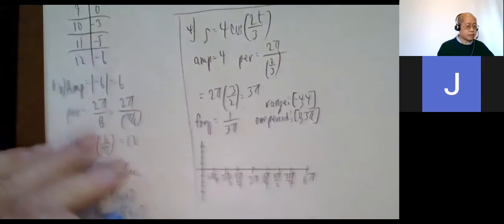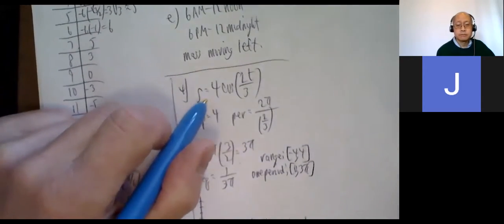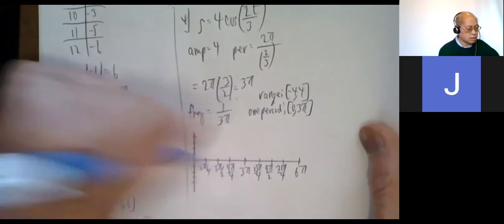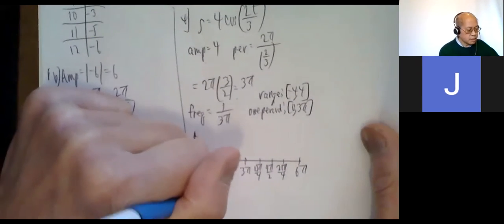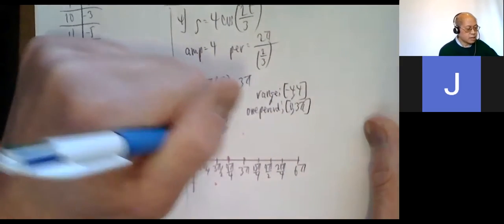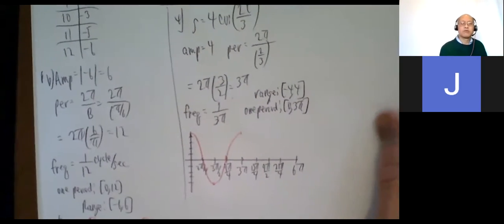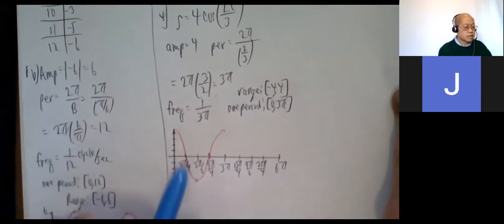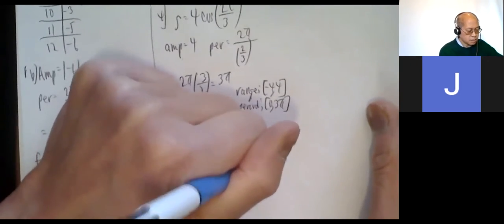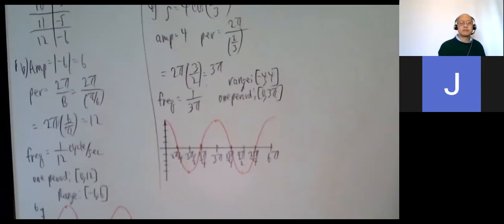We're doing a cosine, A is positive, so cosine starts at the maximum, 4, midline, 0, minimum -4, back to 0, and then maximum. 1 period. Copy and paste that over here.